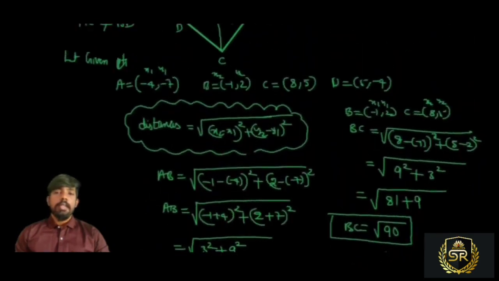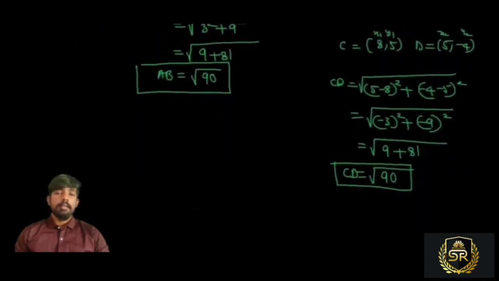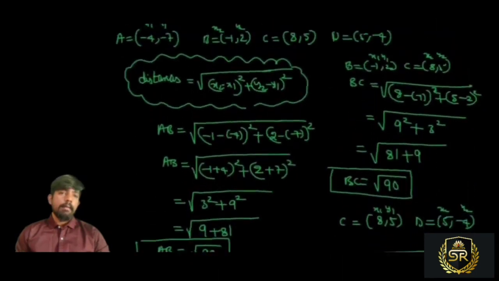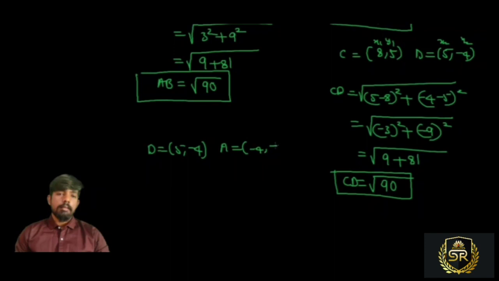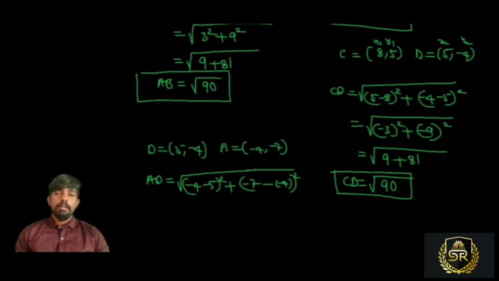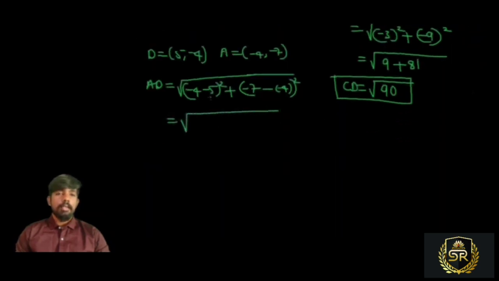Next, DA. D equals 5 comma minus 4, and A equals minus 4 comma minus 7. So the AD distance is found the same way: x2 minus x1, minus 4 minus 5 whole square, plus y2 minus y1, minus 7 minus of minus 4 whole square. Similarly here we get the same.